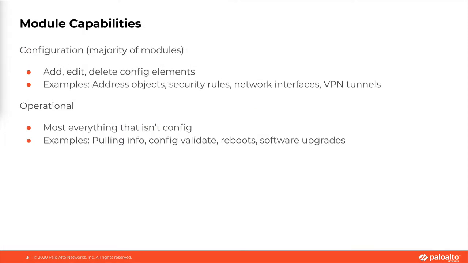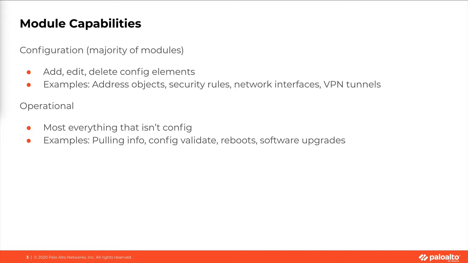For your capabilities, you have configuration, which is the majority of the modules that will let you add, edit, delete config elements. And these are most of the high-level objects that you would think of in PanOS. Address objects, rules, network interfaces, VPN tunnels are some examples.